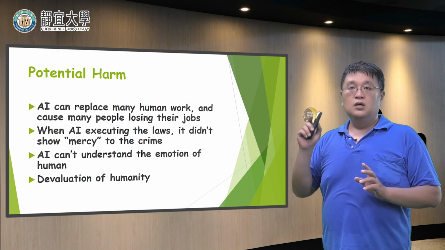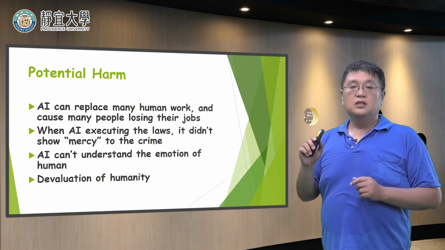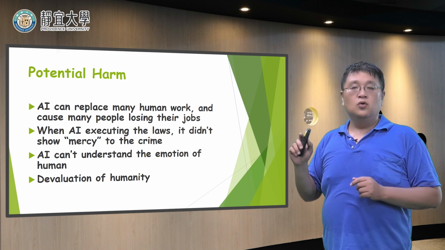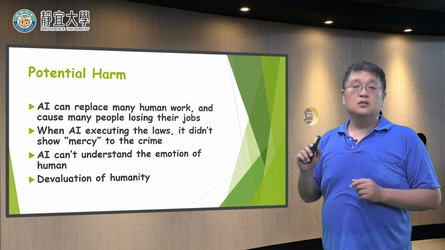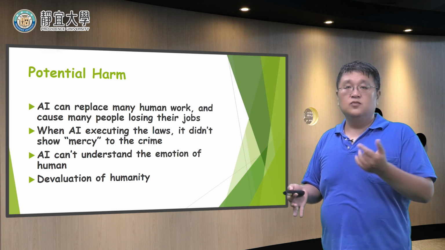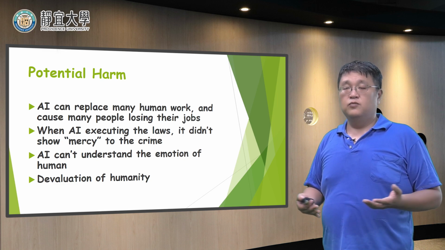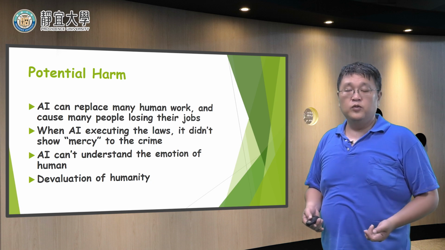So this is a kind of potential harm. AI has to understand our emotions. Sometimes we know this one is deep blue, this one is blue, this one is happy.